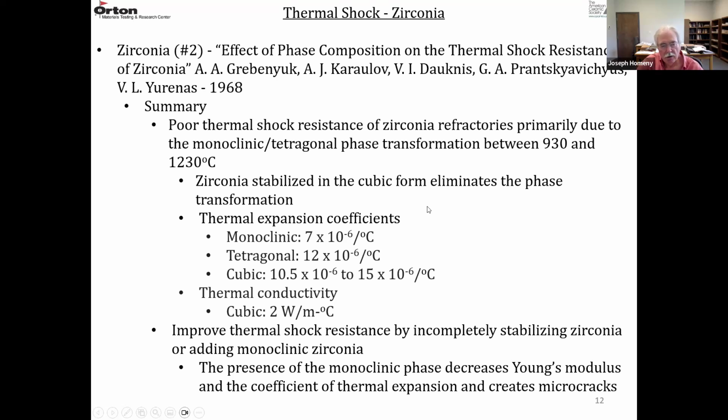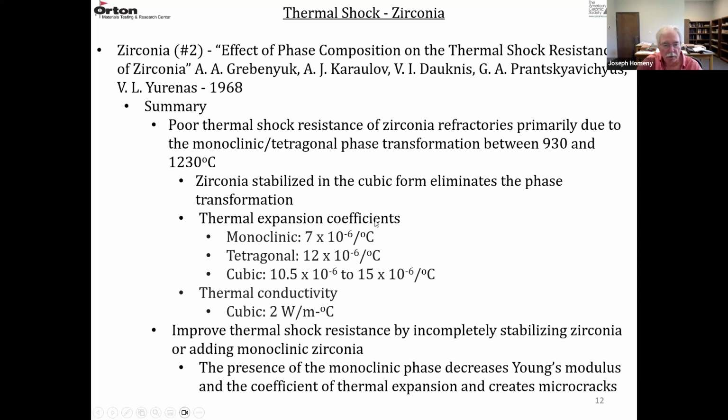So in the previous paper I just mentioned, they were looking at small amounts of monoclinic, actually using the monoclinic phase in small amounts to improve the thermal shock resistance. If it's 100% monoclinic zirconia, it probably won't even survive the thermal shock because of this phase transformation.